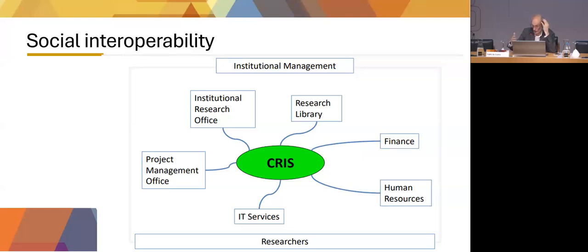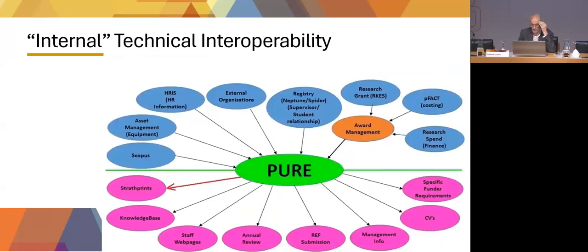The library has a lot to do, and this is what I will mostly focus on later. But finance, all the economic information goes in there; human resources, the information on who is working for an institution comes from HR; IT, the project management office, the research office, the management, and then at the bottom, the researchers who will typically feed the information into the CRIS.